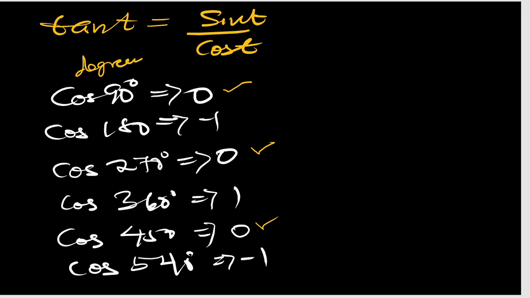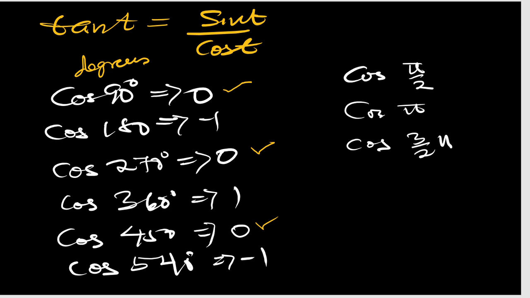In terms of pi, these expressions will be cos pi over 2, and then this will be cos pi. The next one, cos 3 over 2 pi. Then the next one, cos 2 pi. 360, yeah, 2 pi.